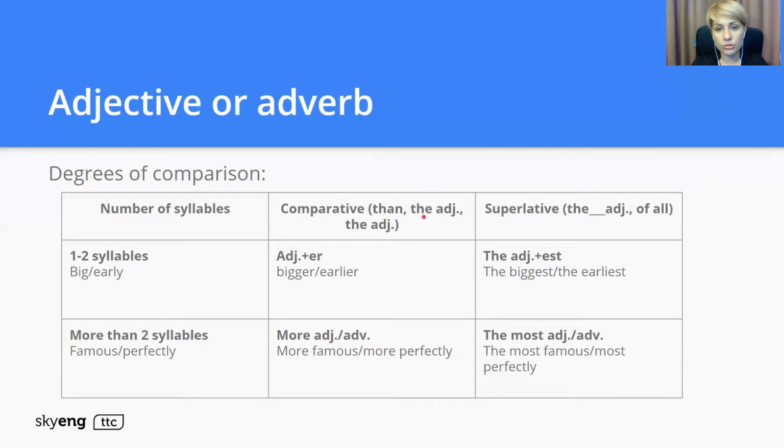Do we have constructions like "the more" there? If it is a superlative form, pay attention to the article "the". Pay attention to the phrase "of all". It will help you to distinguish whether it is comparative or superlative. Pay attention to the length of the word, whether it has 1 or 2 syllables or more than 2 syllables.